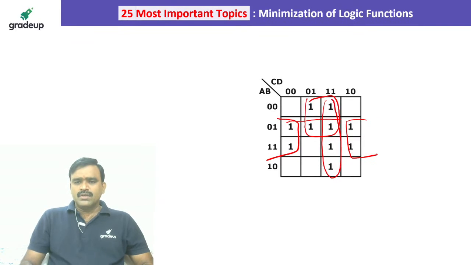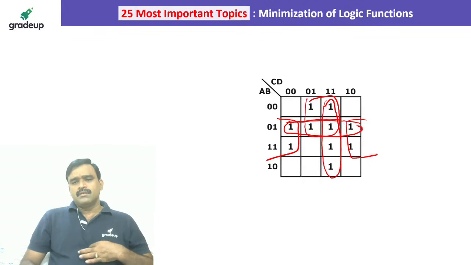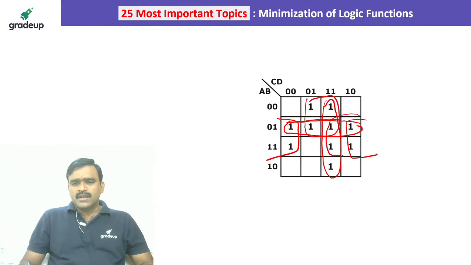That's all. Only 3 terms we can take in minimization. As far as the prime implicants are concerned, this also comes under prime implicant, and these 4 ones also come under one more prime implicant, like this. So number of prime implicants are 1, 2, 3, 4, 5.